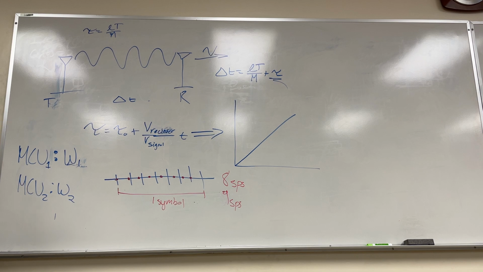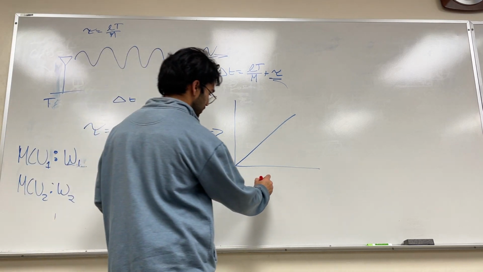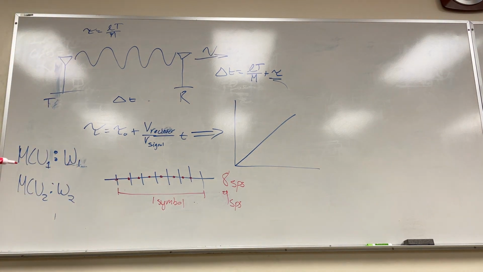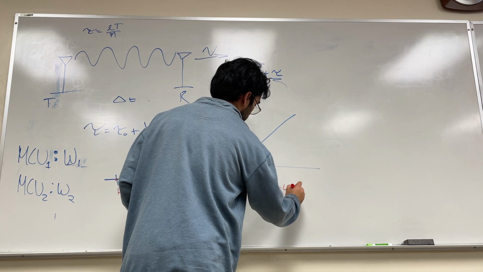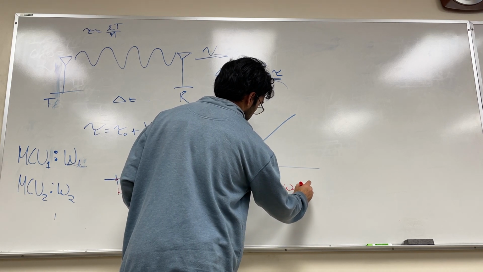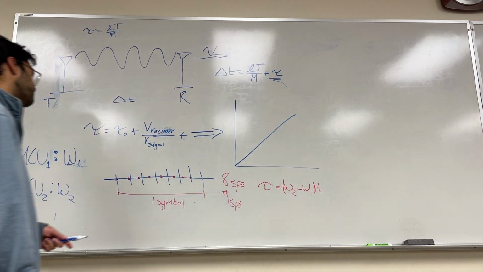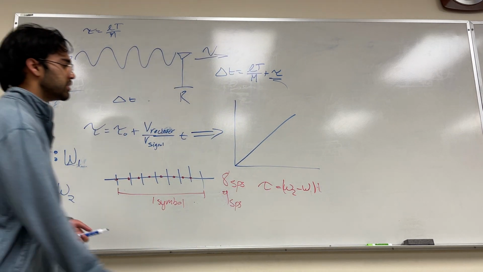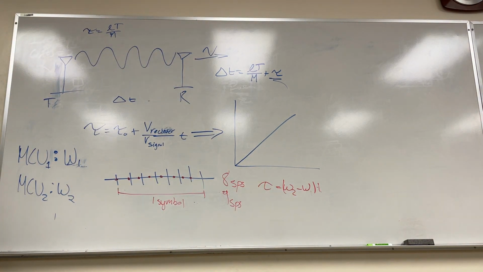This also has some kind of offset, and again, you can mathematically model this as tau equals omega 2 minus omega 1 times some time, which makes sense. And again, you can notice that this is a ramp function, a linear function, which we can track through the control methods we discussed last time.